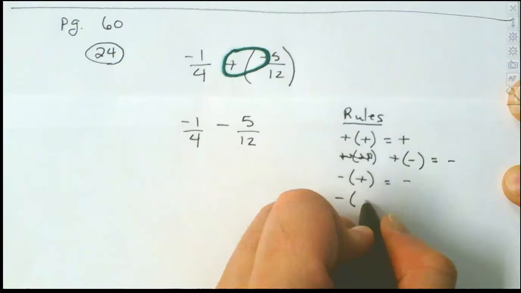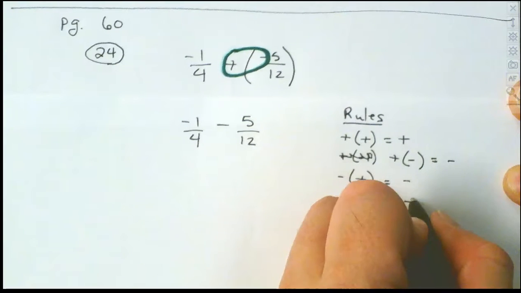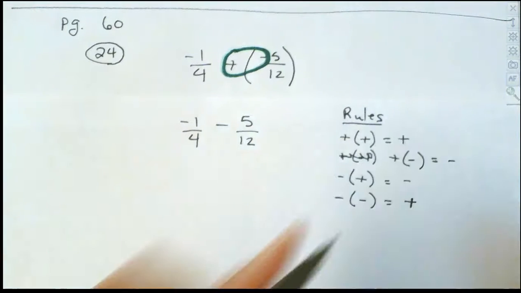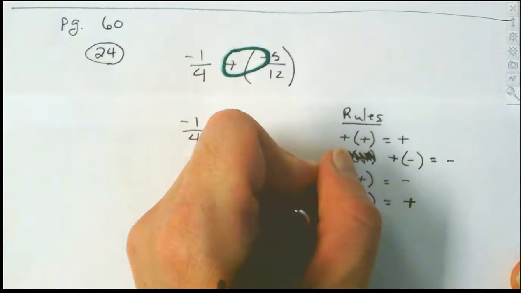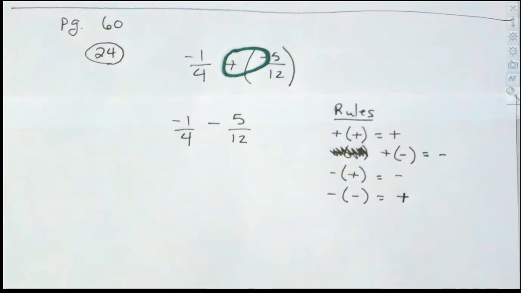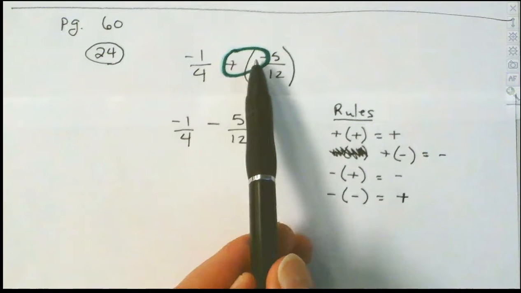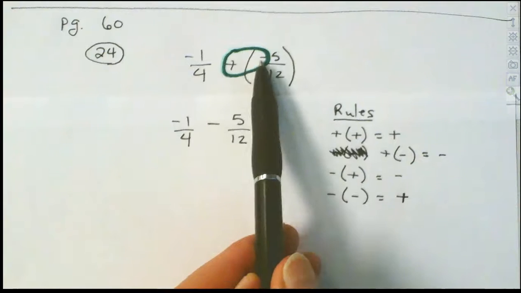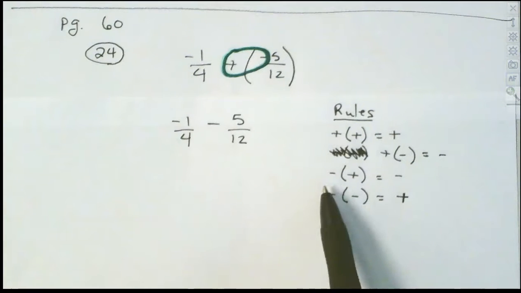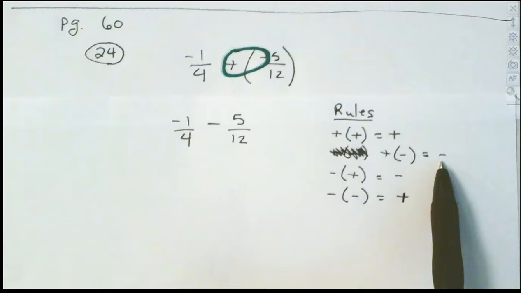And a negative times a negative, when we've got those parentheses, makes it then what? Positive. So these are our rules, and we use these whenever we have the parentheses. So when we look here on this one, we have a positive and a negative back to back with that parentheses. And so a positive times a negative keeps it then what? Negative, right? Okay, we just need to make sure we remember those rules.